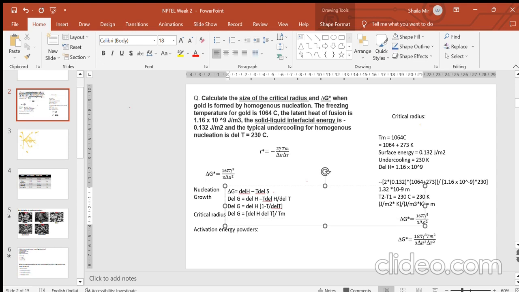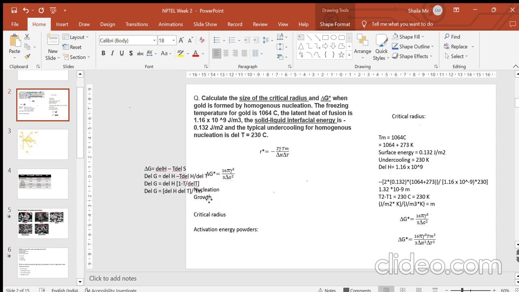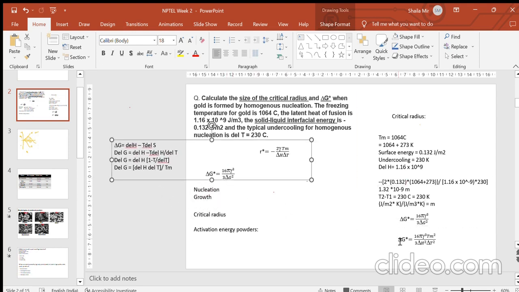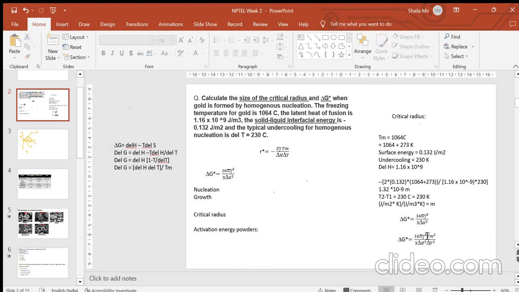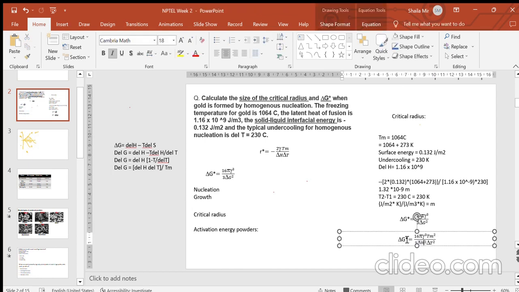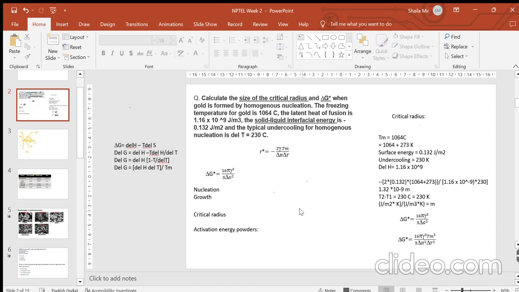So then finally we have delta G is equal to delta H into delta T. So finally the equation that we will be using to solve will be this: delta G naught is equal to 16 pi surface energy cubed, times 3 times the melting temperature squared, and this. If we plug in the values, what will be the value for the Gibbs free energy?